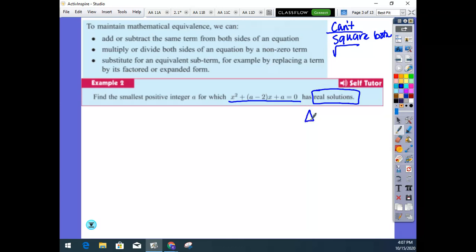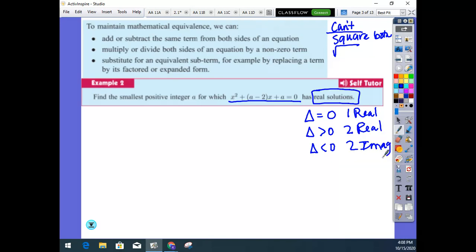To me, that's talking more about the discriminant. The book chooses another way to do it, but I'm going to talk about it this way: if the discriminant equals 0, there's one real solution. If it is greater than 0, there are two real solutions. And if it's less than 0, there are two imaginary or no real solutions.